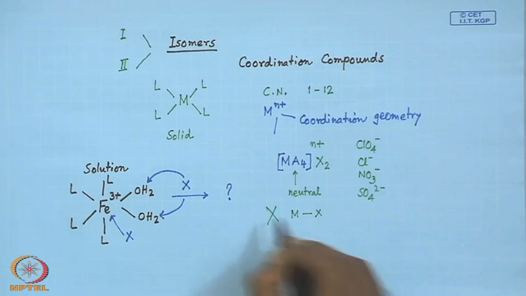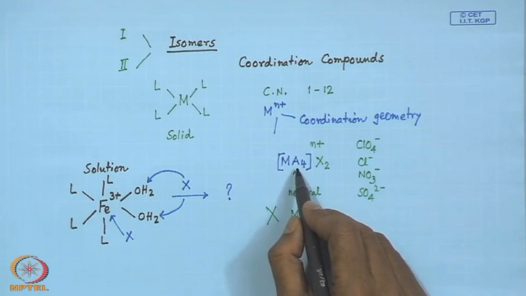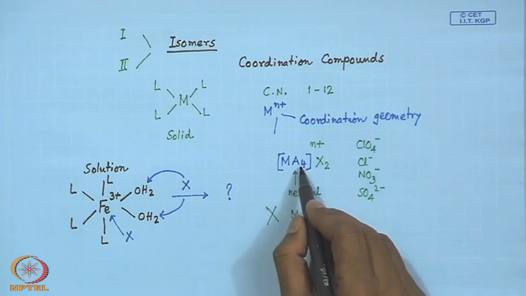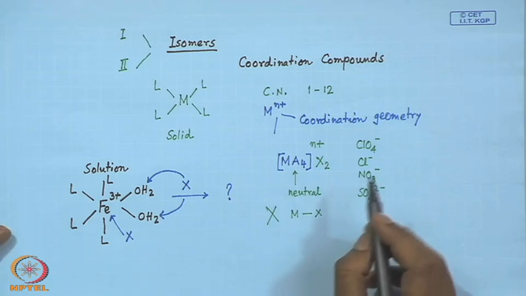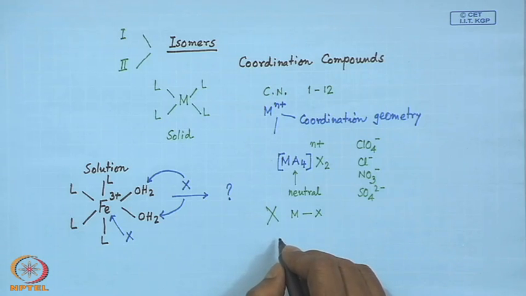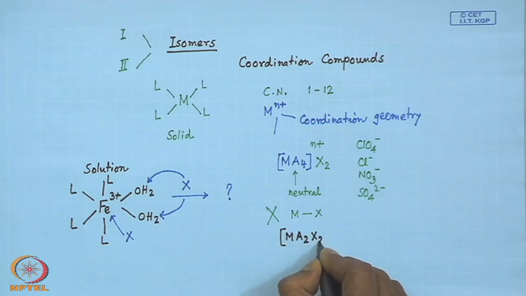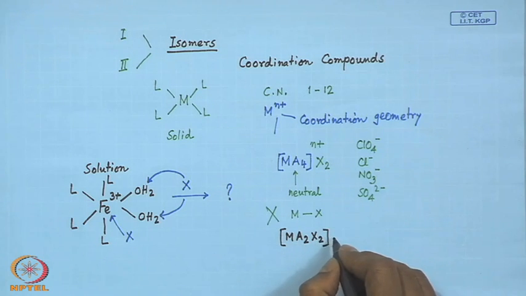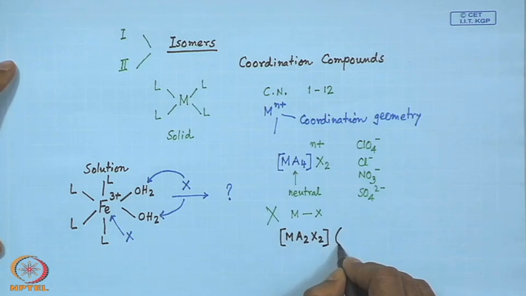So, the M–X bond is not there, that means M is not forming any kind of bond with the X atom, only it is forming 4 M–A bonds to the ligands which are A. Now, if some different type of arrangement is possible, that means MA2X2, if it is possible and if A are neutral, we cannot have A outside.